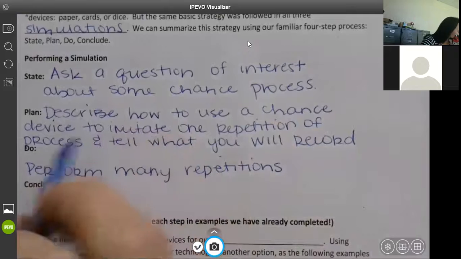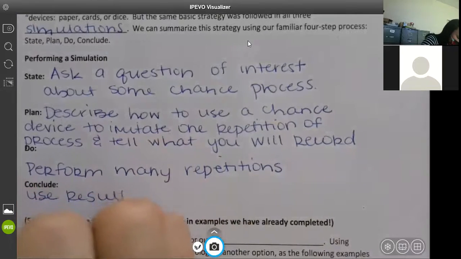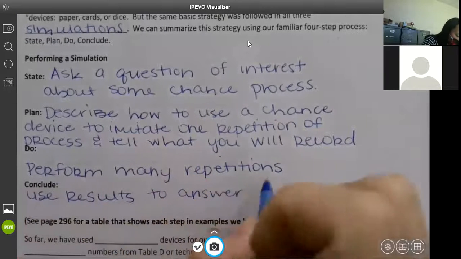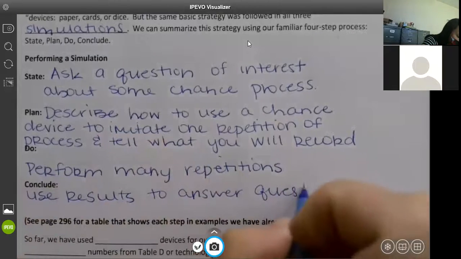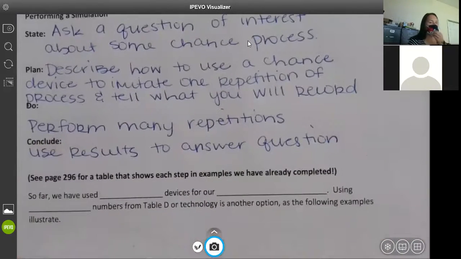Conclude, use the results to answer the question, so the question that we stated in the very beginning. You can look at page 296 for a table that shows each step in examples we have already completed. You don't have to look at that, but it's there for you to check out.